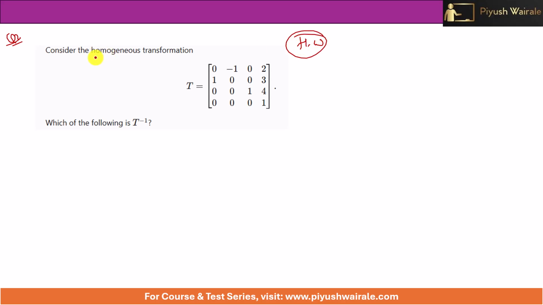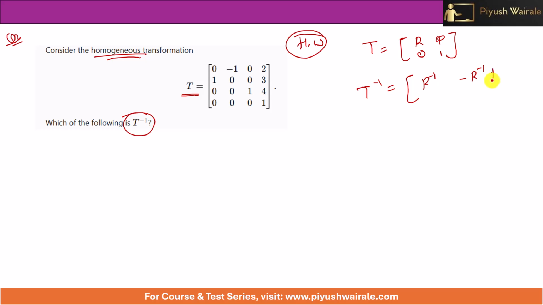We have this homogeneous transformation T, and we have to find the T inverse. We know that T equals R, then the translation vector position P, or t we can say, then 0 and 1. T inverse will be R inverse, then minus R inverse into P, 0 and 1, like this.